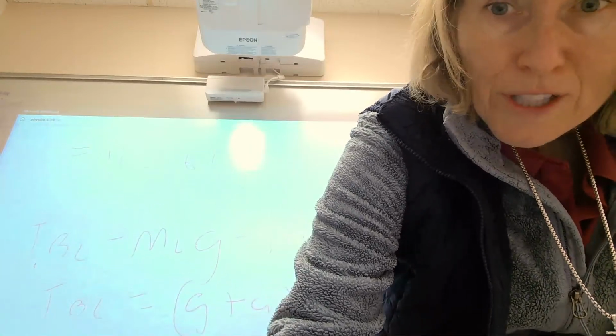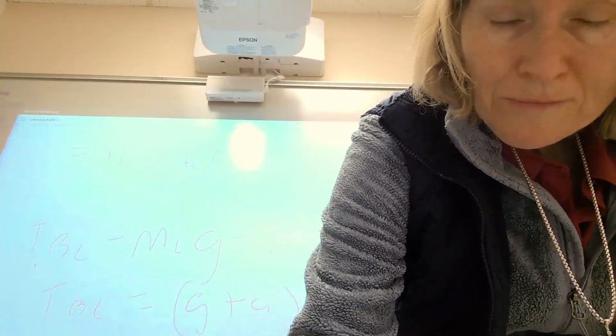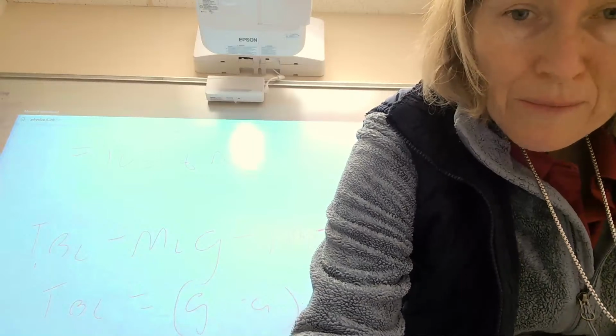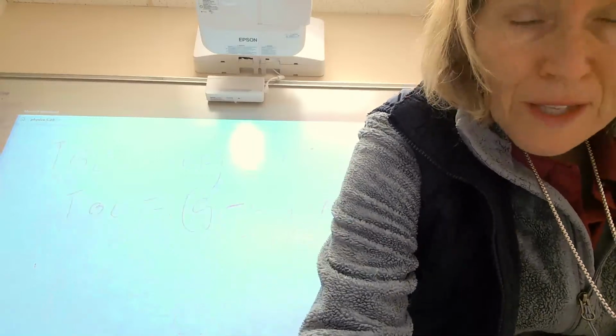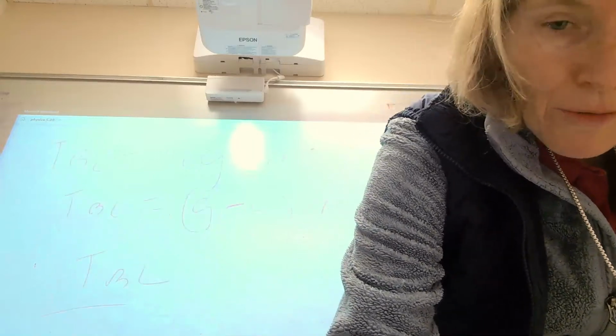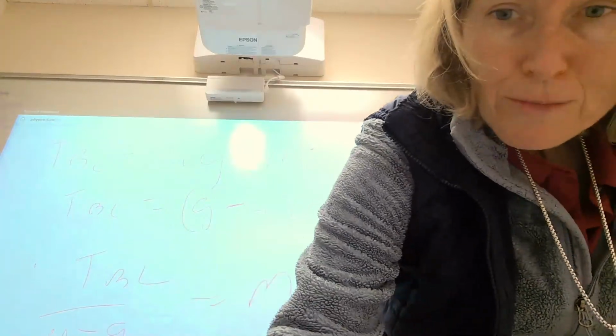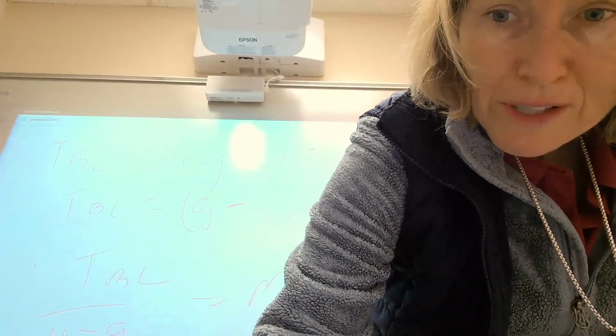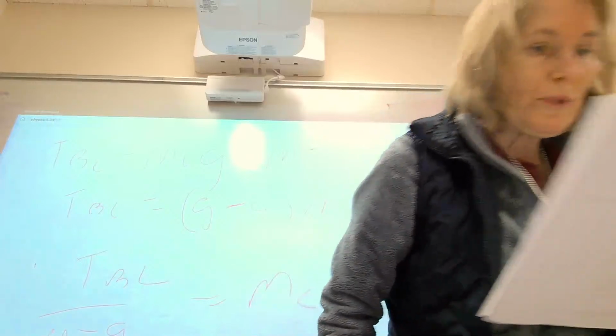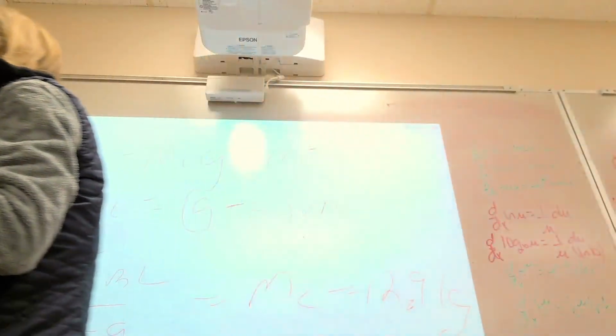Oh, this was a negative A, sorry. So it's G minus A. Now I have TBC over G minus A is equal to MC. Should be 12.9 kilograms.